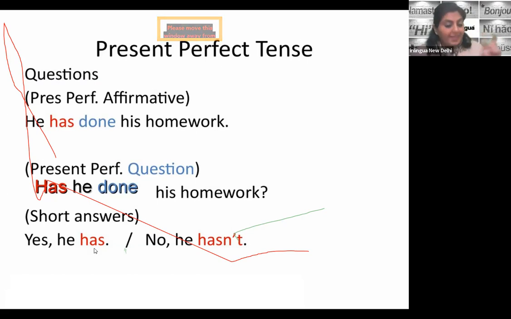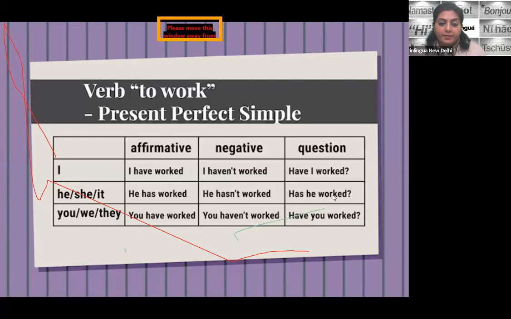Short: yes, he has. Negative answer: no, he has not done his homework, or no, he hasn't. Has he done his homework? Yes, he has. Has he done his homework? No, he hasn't. Positive, negative. Yes answer, no answer. All right.